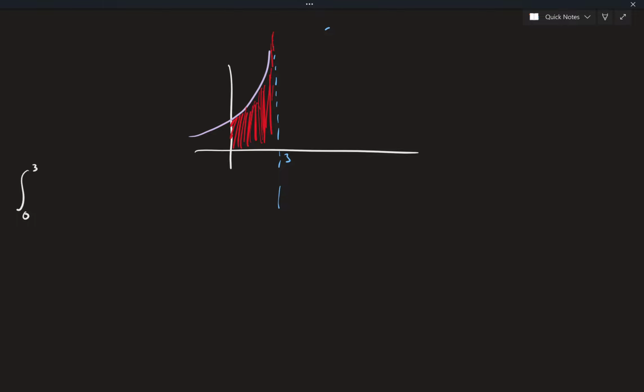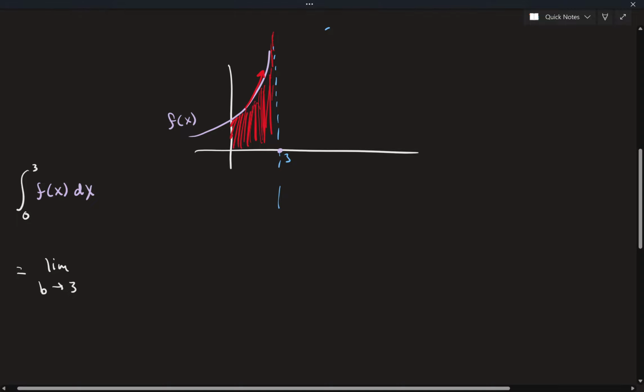It's an infinite region. So this integral, I don't know what this function is, let's just call it f, is an improper integral. And the way that you would do it is you would do the limit as b goes to 3. And you got to do it from below. B is approaching 3, but the ones that are right before b, because I'm approaching it this way.